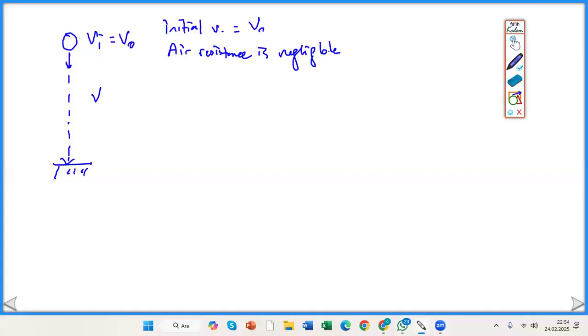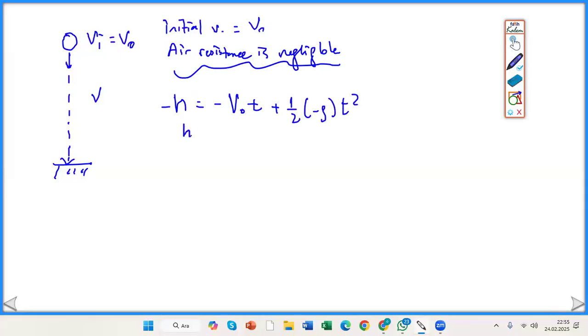So once again, minus h is minus v0 times t plus 1 over 2 times minus g times t square. As you can realize, h is v0 t plus 1 over 2 g t square. You can use this formula once again for this motion.